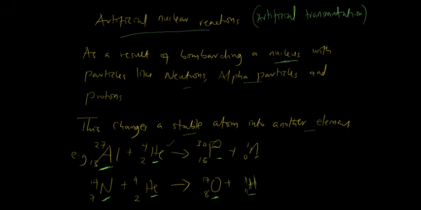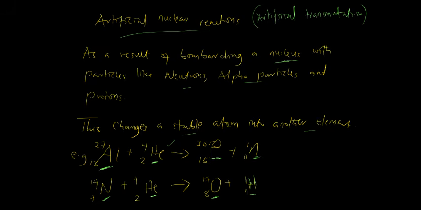Again in this first example, we see aluminium and helium. The aluminium is stable, and when bombarded with helium it gives another nucleus with another radiation, that is the neutron. So this is artificial transmutation, or artificial nuclear reaction.